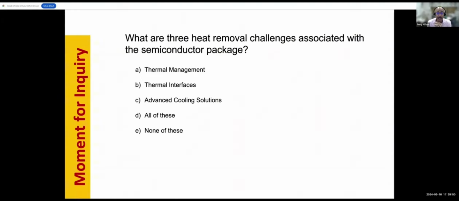So based on our previous work, what are the three heat removal challenges associated with the semiconductor package? Is it thermal management only, thermal interfaces only, advanced cooling solutions only, all of these or none of these?